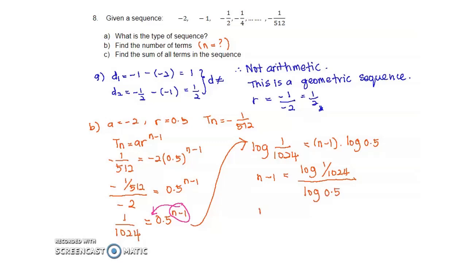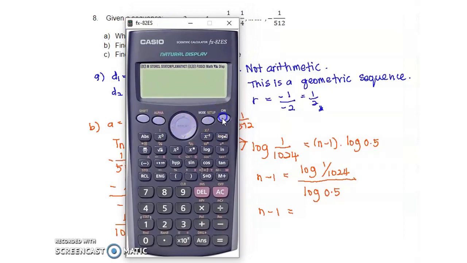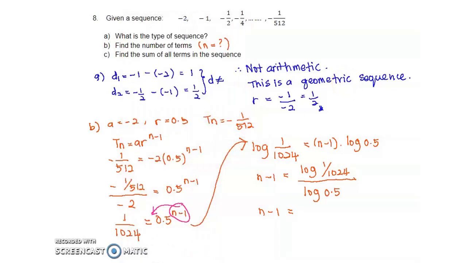This you just press on your calculator. So n minus 1 equals log 1 divided by 1024, you get the answer, and then divide by log 0.5. Make sure to be careful with the brackets. So we get 10.